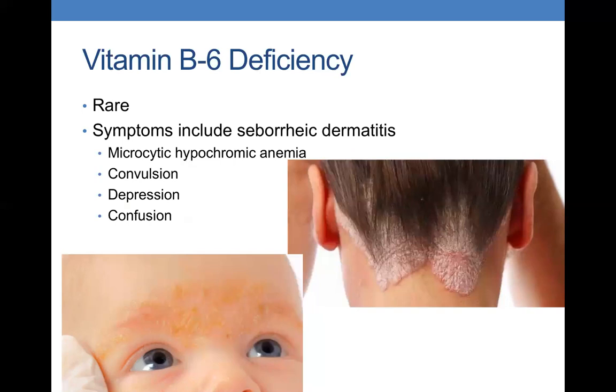It can also cause a microcytic hypochromic anemia, which means the cells would be small and pale. It can cause convulsion, depression, and confusion. And the symptoms are so widespread because it functions in those 100 metabolic reactions. Alcoholics may have low levels of this vitamin.